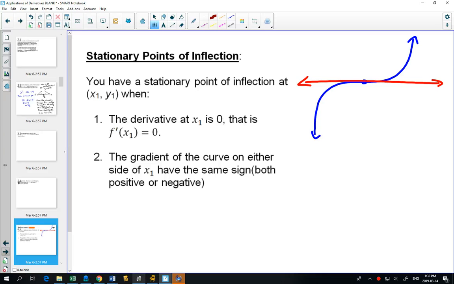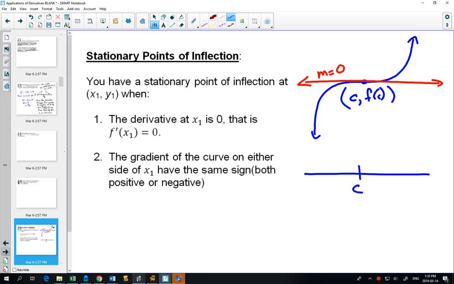So we still have the same thing that our maximum and minimums have: you find your derivative, and if the derivative is equal to 0 at that point, and let's say this happens at point C, comma, f of c.